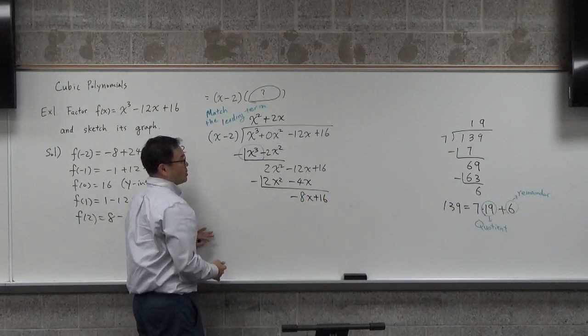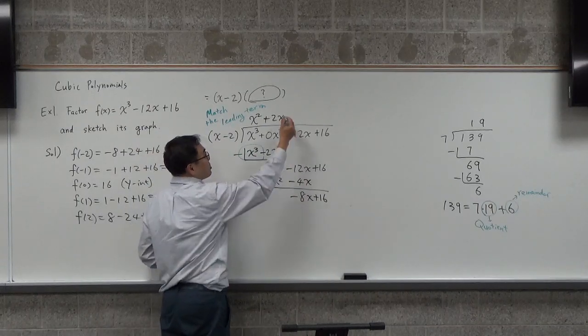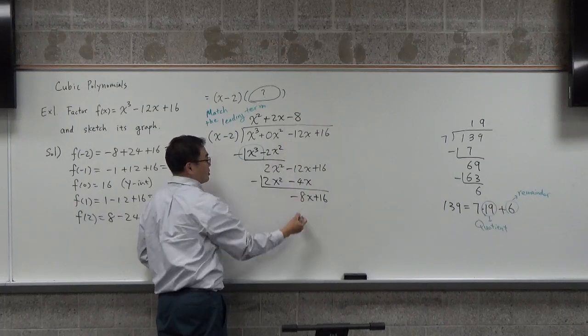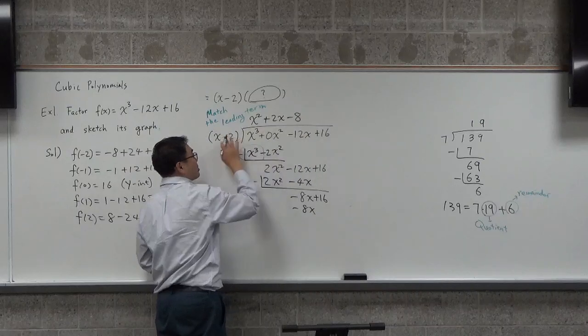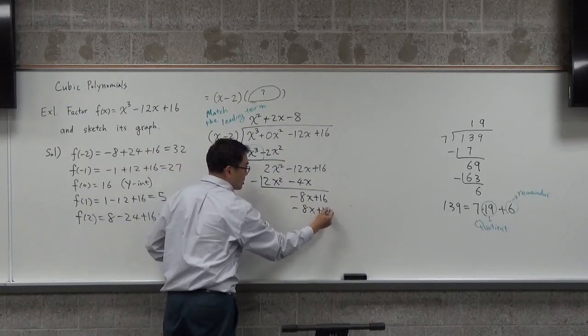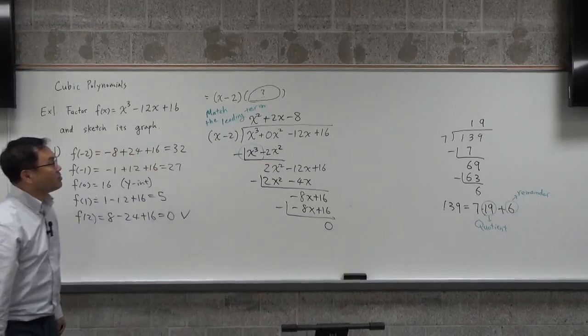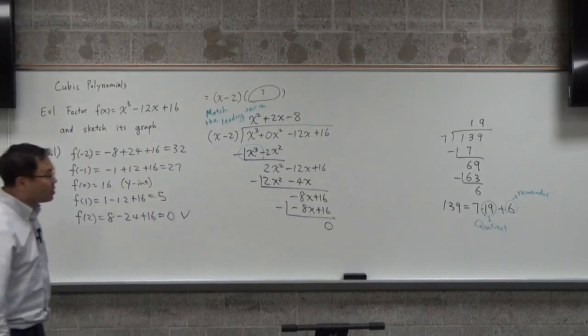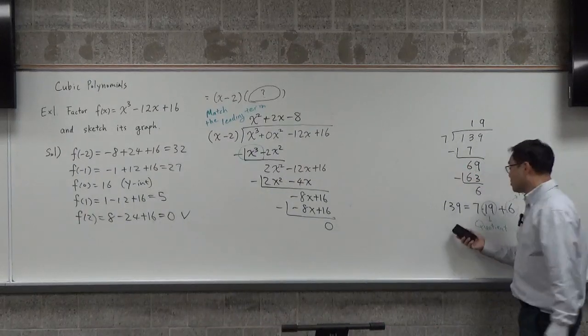And then finally, for x to become negative 8x, you have to multiply by negative 8. So negative 8 times x is negative 8x. Negative 8 times negative 2 is plus 16. And when you subtract, you get 0. Okay.